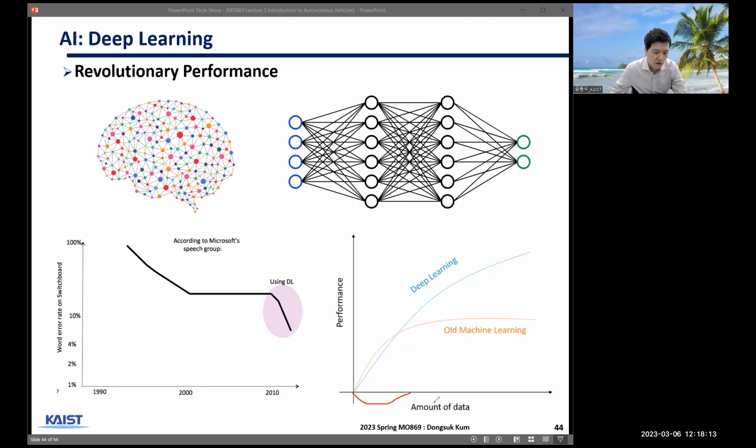But then when you have large data, you can use a large network, and you can use high performance computers to train the large models, so that the performance can continue to improve.